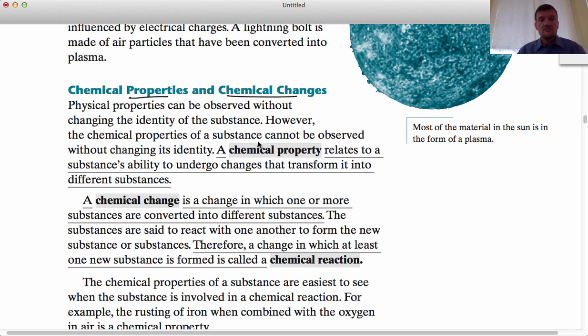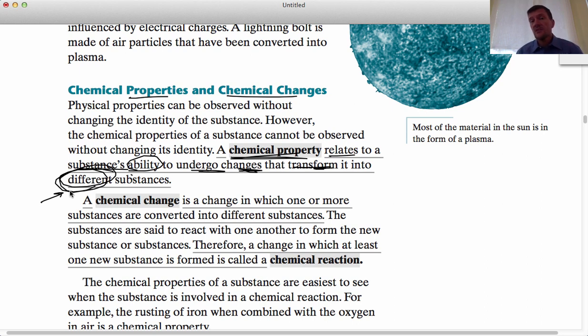So, a chemical property relates to the substance's ability to undergo changes that transform it into something different. You have to emphasize different. The only guarantee that you know something has gone through a chemical change is that you had something before the reaction and now you've got something different after the reaction.